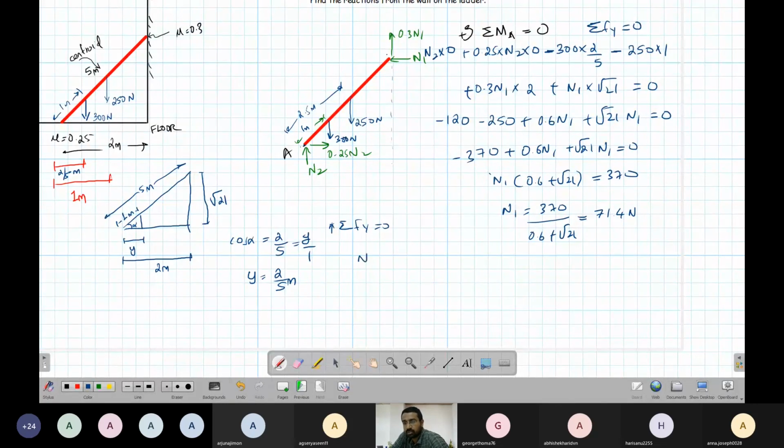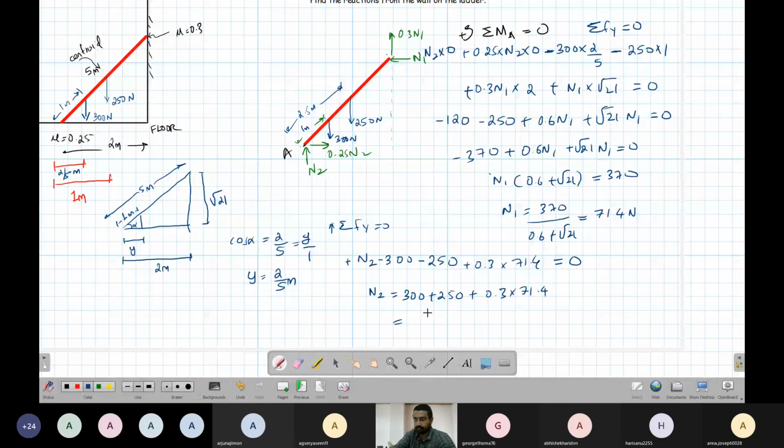In vertical we have N2 here, plus we have minus 300, minus 250, plus 0.3 N1, that is 0.3 times 71.4, equal to 0. So we are getting N2. N2 equals 300 plus 250 plus 0.3 times 71.4.